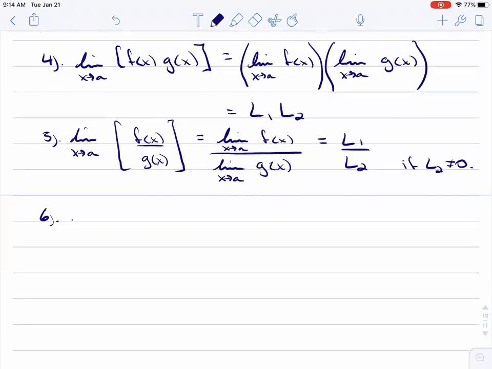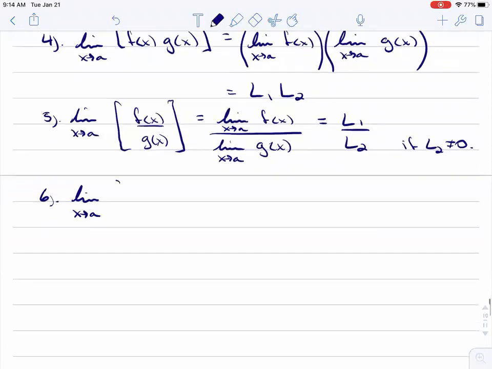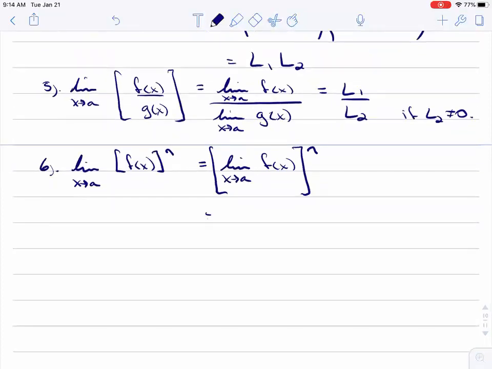So the limit as x approaches a of f of x to the power of n is the same as the limit as x approaches a of f of x, all to the power of n, which is going to be L1 to the power of n.